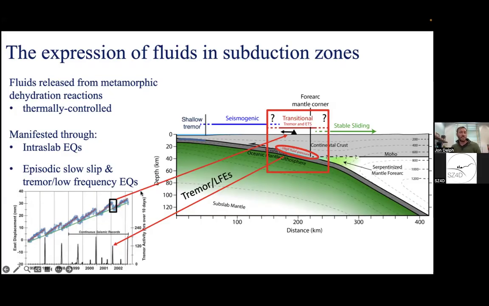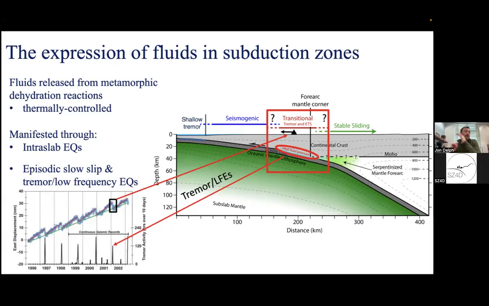But these are accompanied by a seismic phenomenon as well, which we call non-volcanic tremor. Instead of being an impulsive arrival like we get from our earthquakes, it's basically an increase in the background level of noise that we see on our seismic instrumentation in the region. That's kind of what it looks like.